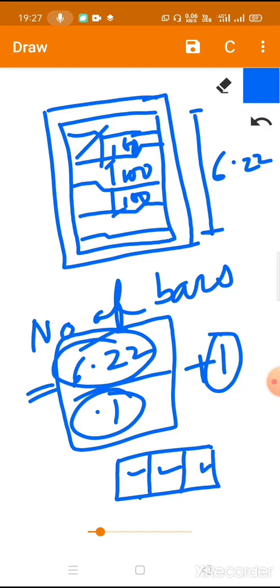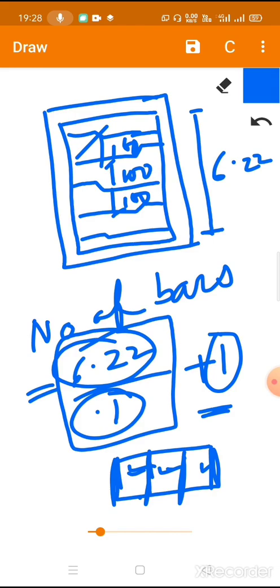But how many reinforcement bars are there? 1, 2, 3, 4. So the number of bars is always the number of spacings plus 1 in one direction. In the other direction again, total length divided by spacing plus 1.